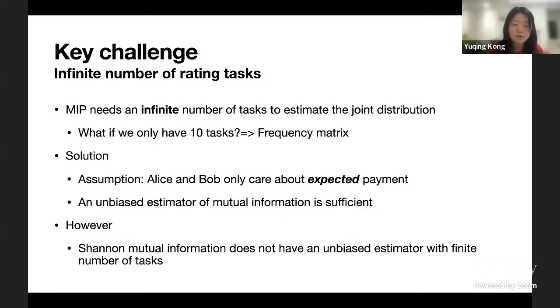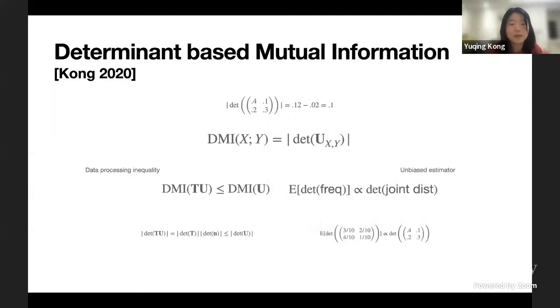Even if we assume that they only care about their expected payments, we can construct an unbiased estimator, but for the Shannon mutual information, there is a log there. We cannot use a finite number of samples to construct it. So that is my previous work.